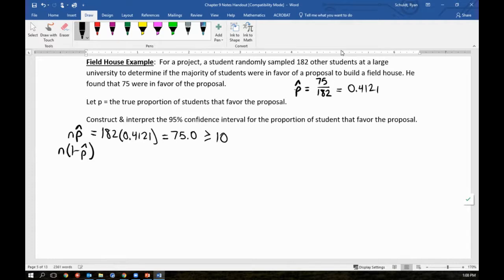Yes. Now we need to check n times 1 minus p hat. 182 times 1 minus 0.4121.